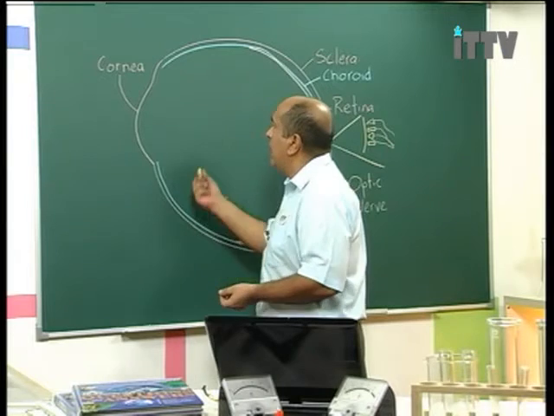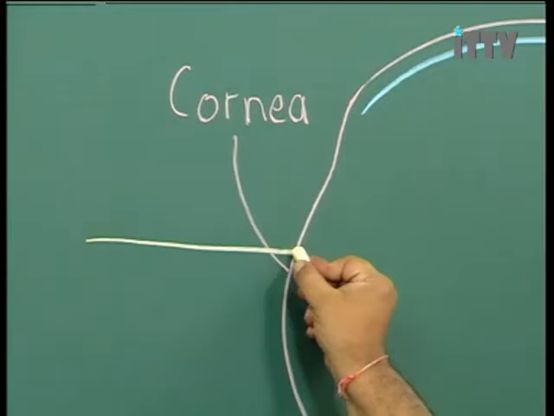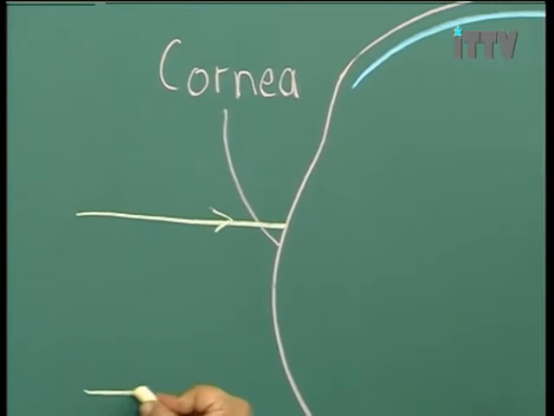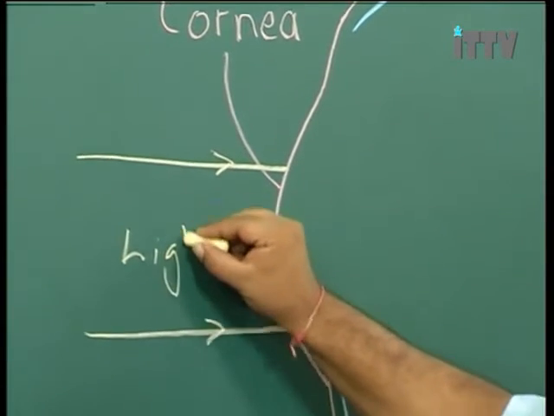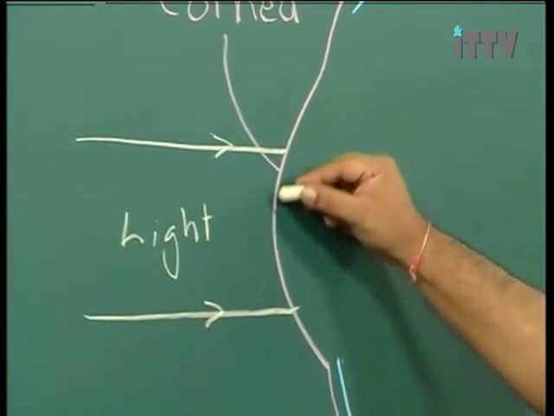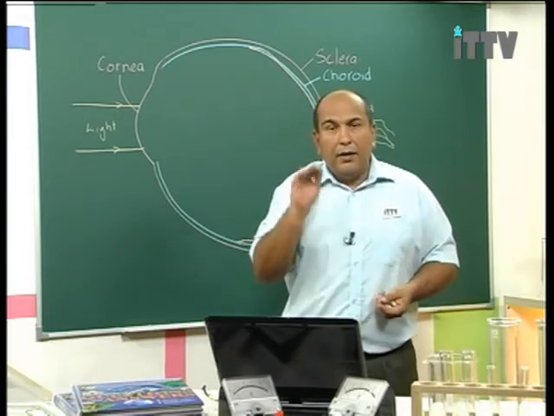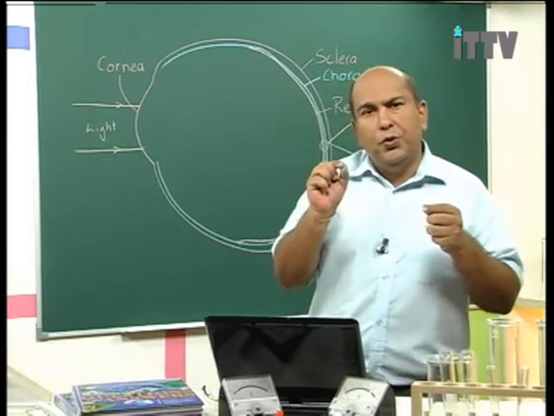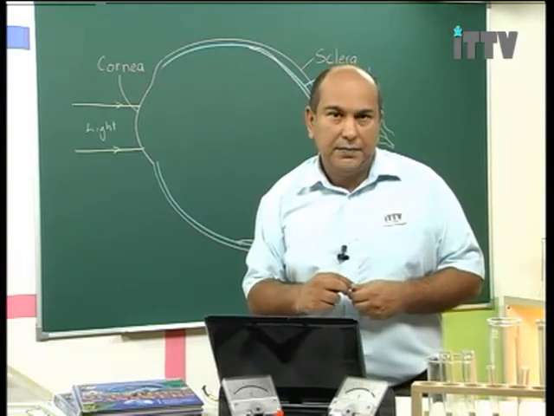So the first thing that happens when light enters, as the light travels this way, coming in, we'll label this our light. The light hits this layer of the cornea. The cornea's job is really just to bend the light slightly and help with the focusing process.